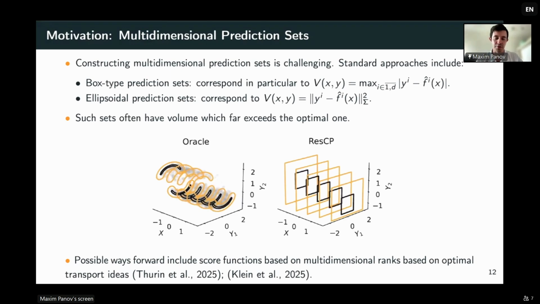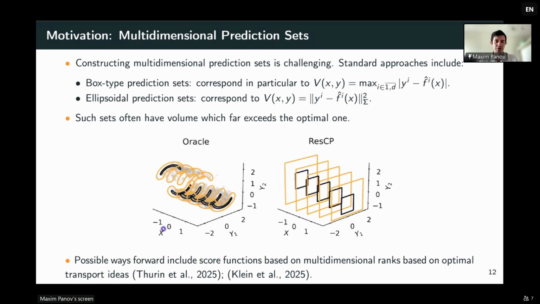How can you go from the one-dimensional to the multi-dimensional case? Well, there exist some obvious choices. For example, one can construct box-type prediction sets. Basically, you consider the maximum deviation between Y and the predictor, maximum over the dimensions, and that gives you these rectangular prediction sets. Or you may consider an ellipsoidal prediction set, and so on. However, such prediction sets might be suboptimal if the data distribution has a complicated shape.